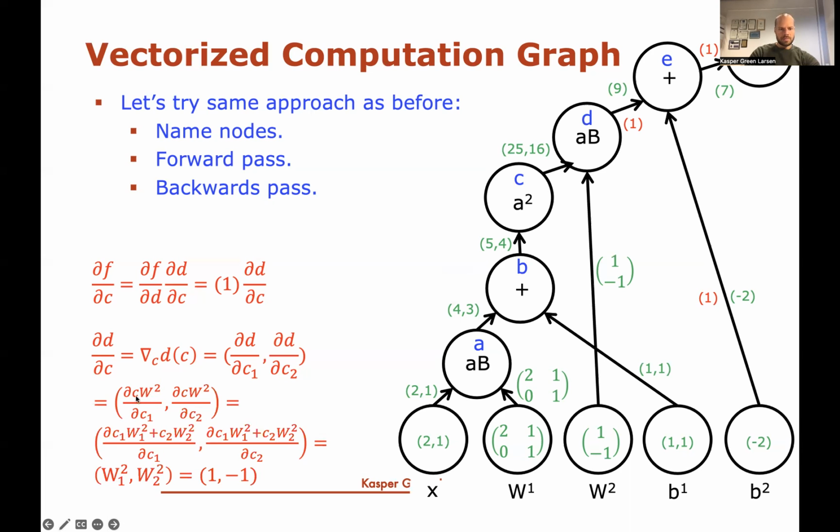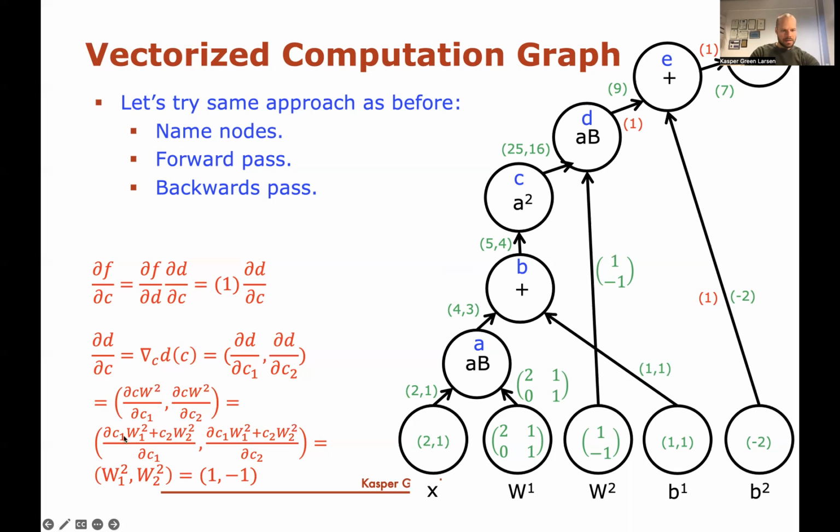If we expand out this product between c and w2, you take the first entry of c, c1, multiplied with the first entry of w2, plus c2, the second entry in c, times the second entry in the w2 vector down here. That is the function being computed. So it's only one function, which we have in both columns, and then we take the 2 different partial derivatives.